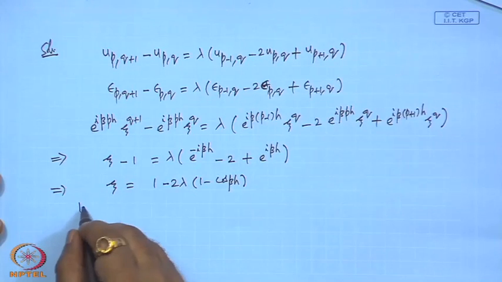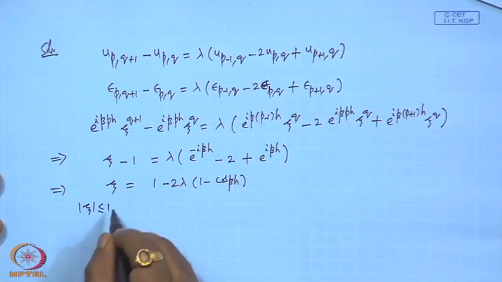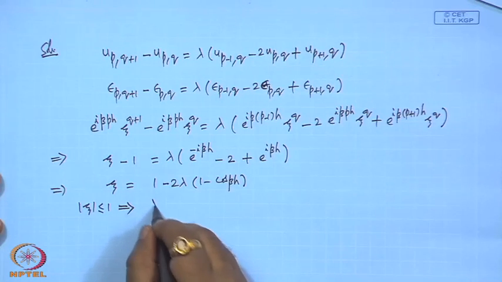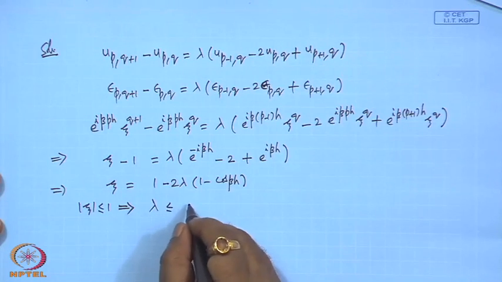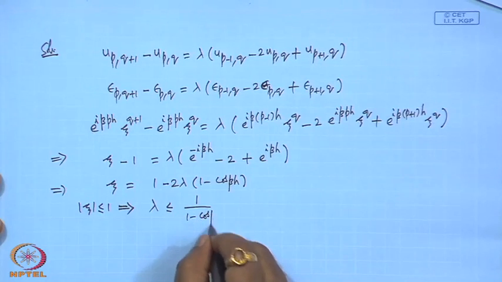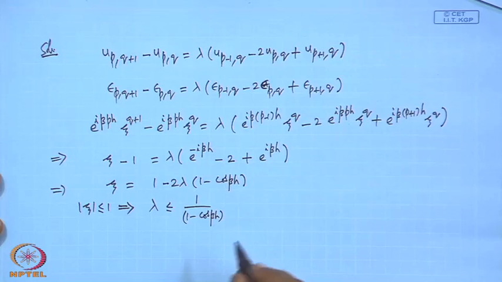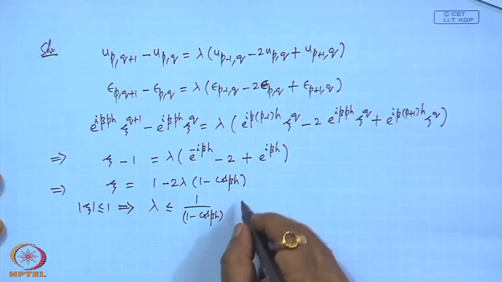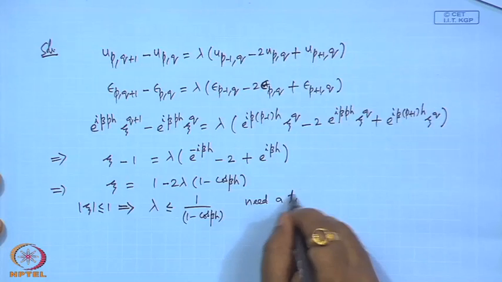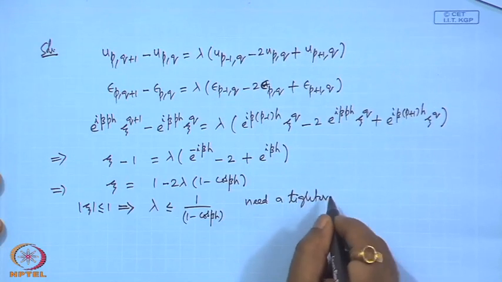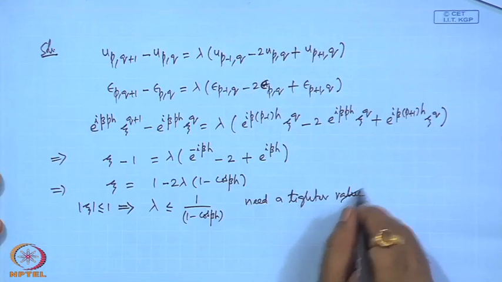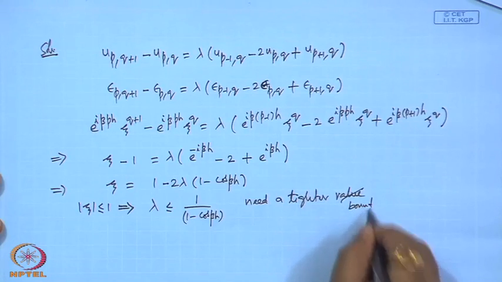So, then imposing restriction on the amplification. So, this will be lambda less than or equal to 1 by 1 minus. Now, we need a tighter value, that means tighter bound.